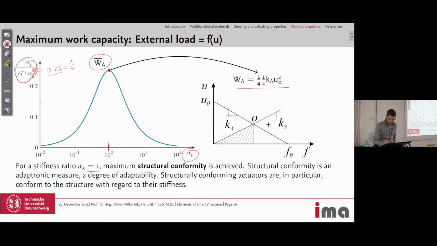This is also shown here. With a negative sign, you have the same stiffnesses in this diagram of Ka and Ks, but with changed signs. So structural conformity is achieved when stiffnesses of actuator and structure are the same.